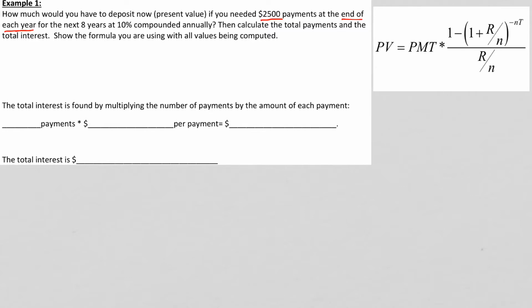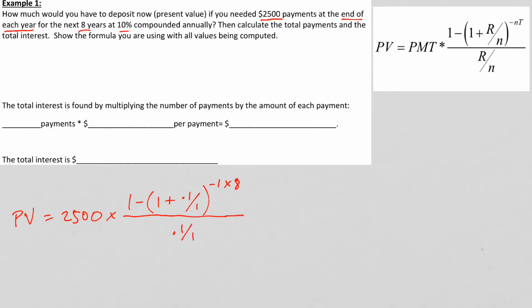Okay, so the present value is going to be equal to the size of the payment, $2,500, times 1 minus 1 plus our rate, which is 10%, divided by each year, that's 1, to the negative 1 times 8 years, all over 0.1 over 1.